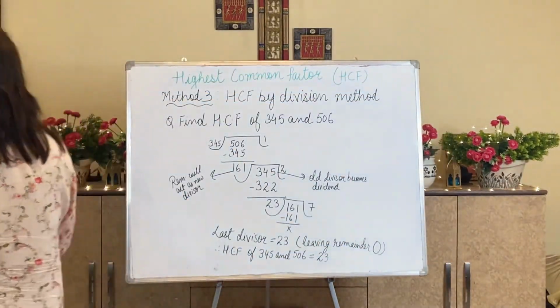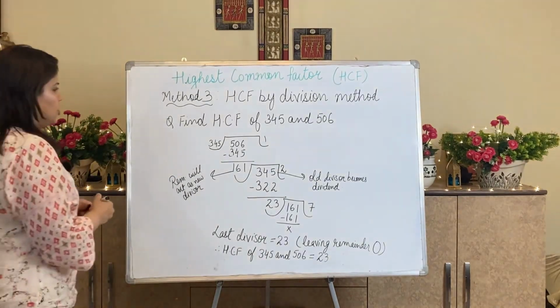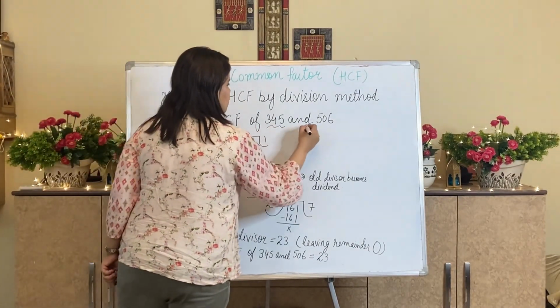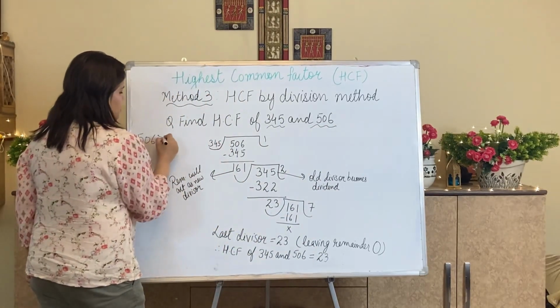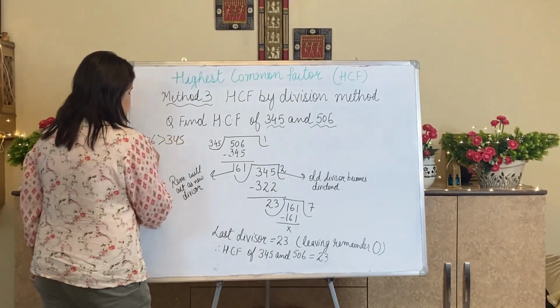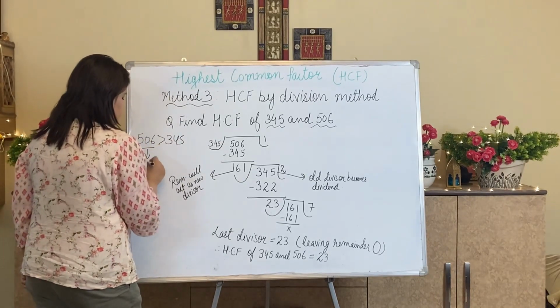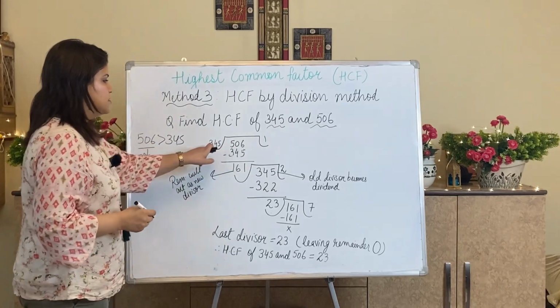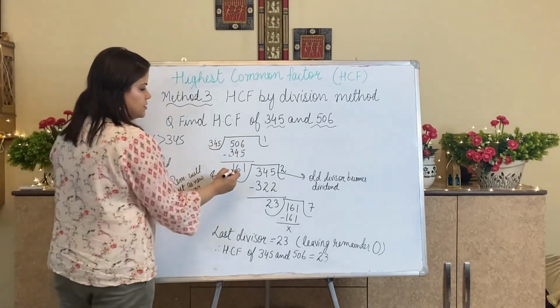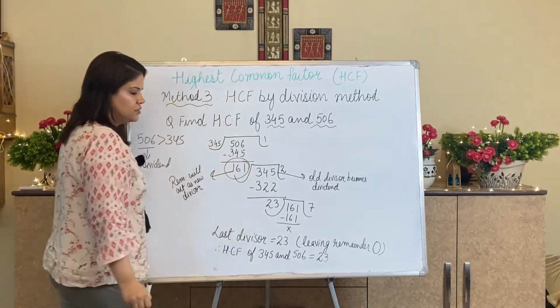So in this example, I am finding the HCF of 345 and 506. Since 506 is greater than 345, so this will be my dividend. So this is my dividend, this is my divisor. I have divided this. I got 161 as remainder.